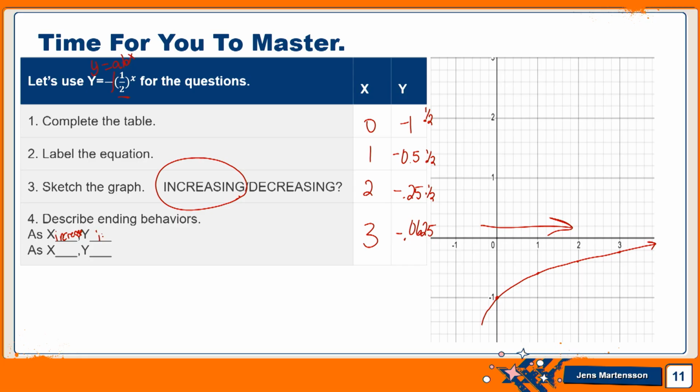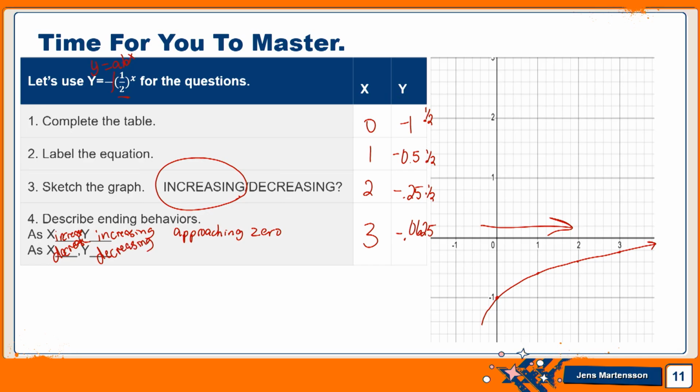They are also increasing and approaching what? Yes, approaching 0. Now, what about if my x's go the other way and they decrease? What could we say? As my x's decrease, what's happening to my y's? They are also decreasing.